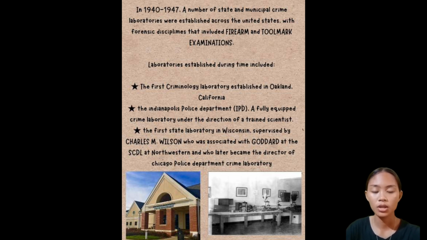Laboratories established during this time included the first criminology laboratory in Oakland, California, the Indianapolis Police Department, or IPD, a fully equipped crime laboratory under the direction of a trained scientist, and the first state crime laboratory in Wisconsin, supervised by Charles M. Wilson, who was associated with Woodard at the SCDL at Northwestern and who later became the director of the Chicago Police Department Crime Laboratory.